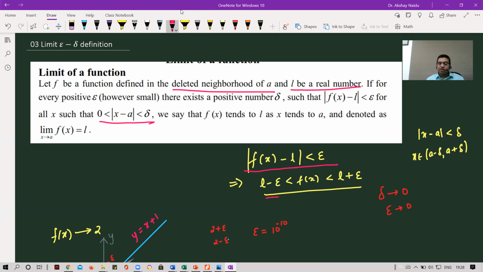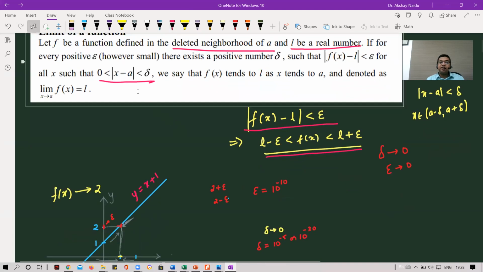So f of x lies in the neighborhood of L. For what? For x lying in the deleted delta neighborhood of A.